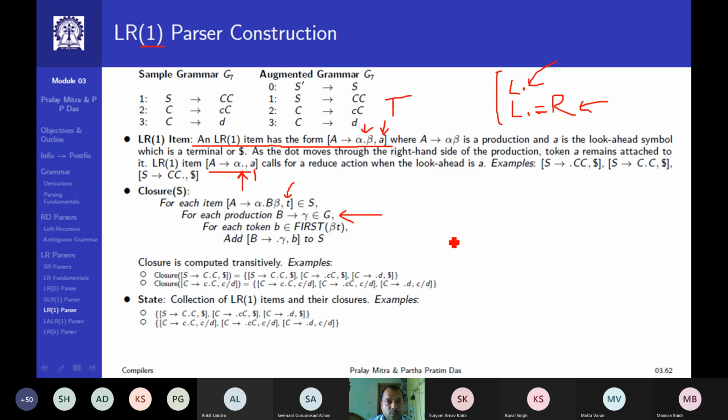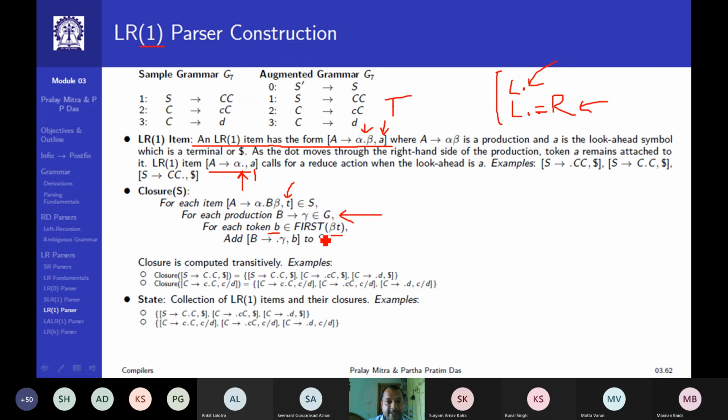But when I have look ahead information in LR1, then I am checking further that each token small b, that is each terminal, belongs to first of beta t. So which one is beta? If you look at the item, then beta is occurring right after B.